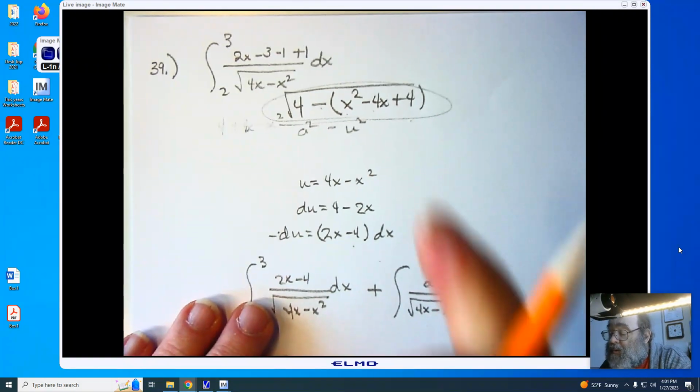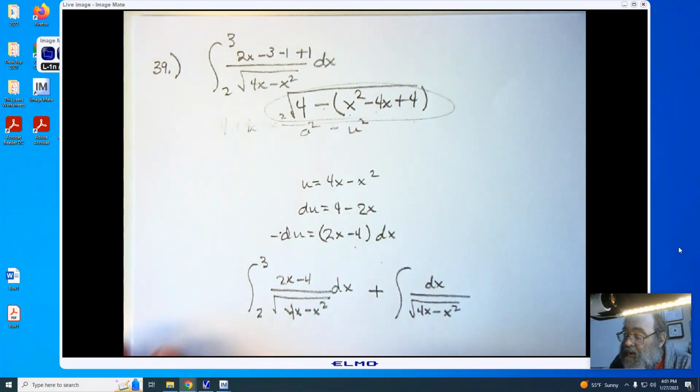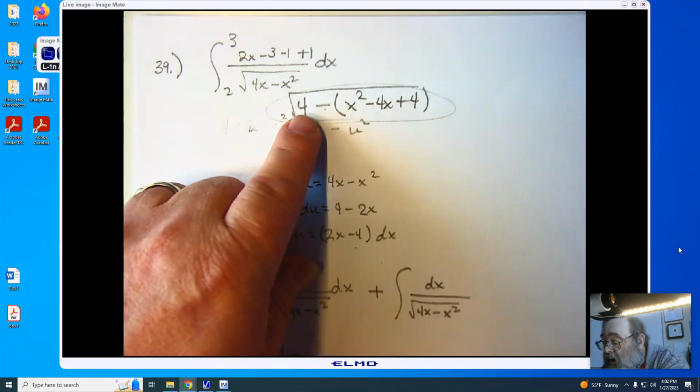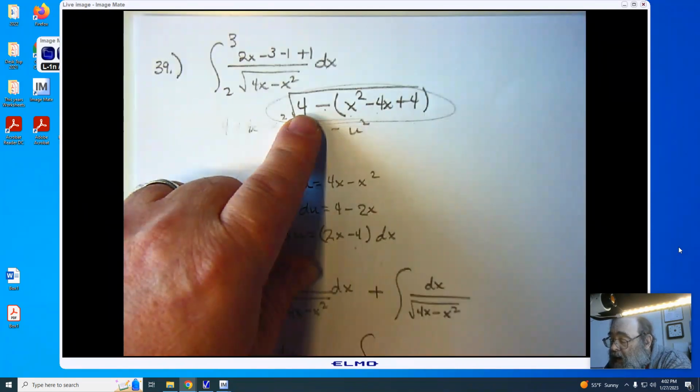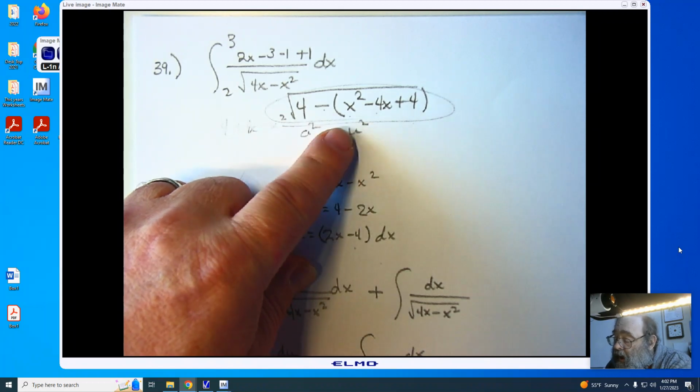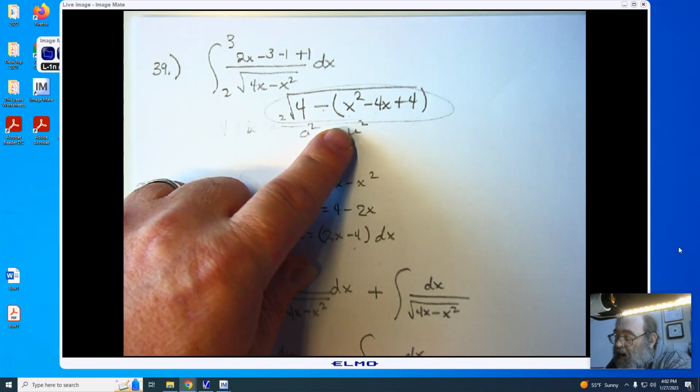In this problem, we're using our u substitution. So we know that we have the negative, 2 to 3, I have my du on top, and I have my u to the 1/2 on the bottom. This one, we're going to construct and rewrite so that it looks like what we had already created with completing the square, which is 2 squared minus (x minus 2) quantity squared.